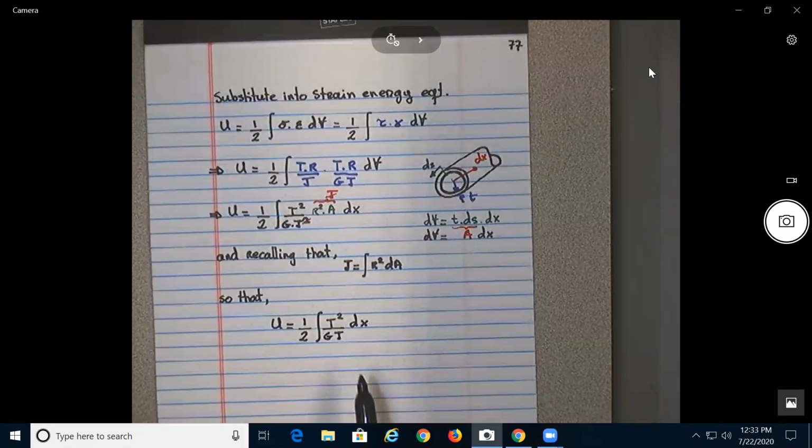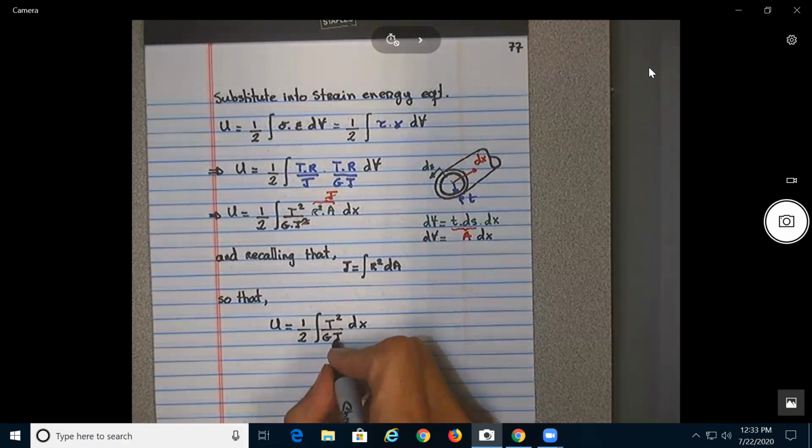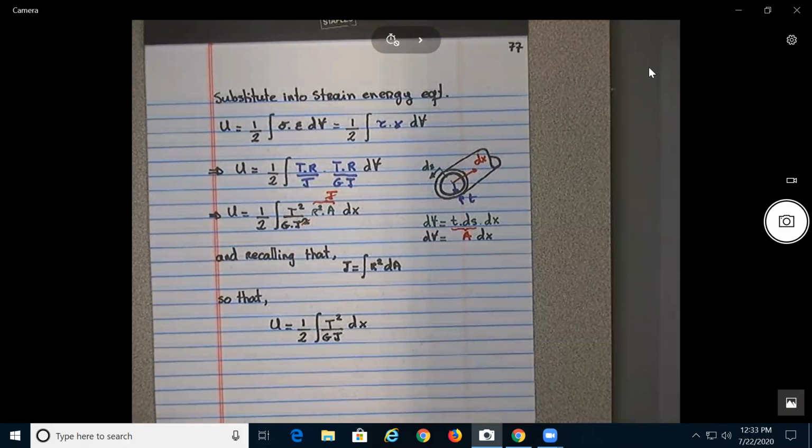And this is the same thing as the moment. What was the previous expression? M squared divided by EI, no? So the T is equivalent to the M, the G is equivalent to the E, and the J is equivalent to the I, for torsion. So really it's the same expression.